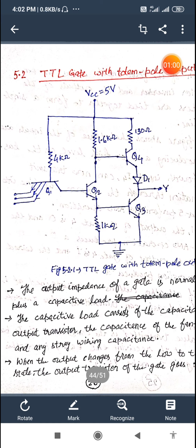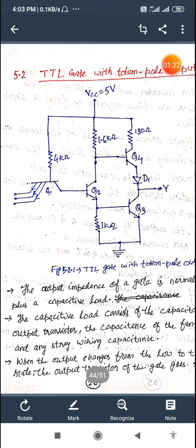Basically, the output impedance of a gate is normally a resistive plus a capacitive load. The capacitive load consists of the capacitance of the output transistor, the capacitance of the fan out gates, and any stray wiring capacitance.